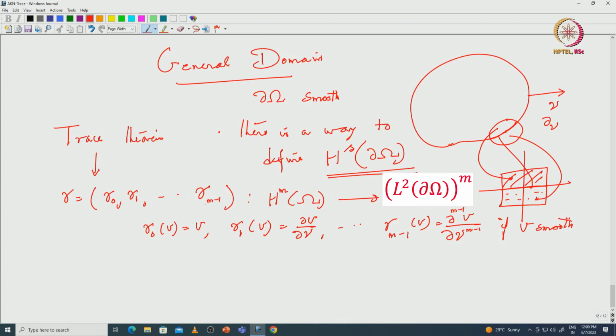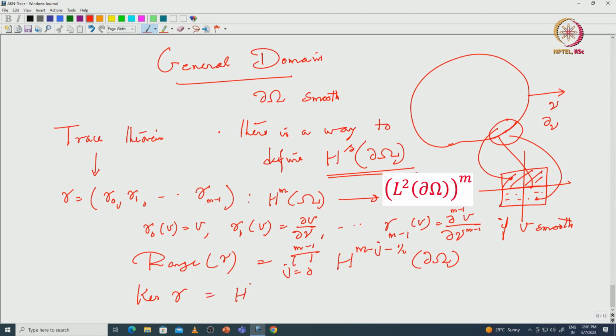V is smooth, and then the range of γ is the product over j equal to 0 to m-1 of the corresponding boundary spaces. All this will be useful in the study of PDEs. That is what I am writing, on ∂Ω, and the kernel of γ is nothing but your Hm0 of Ω.